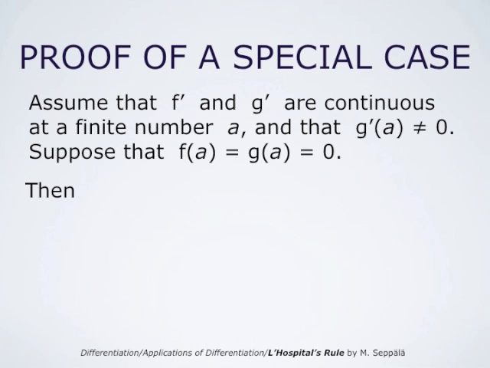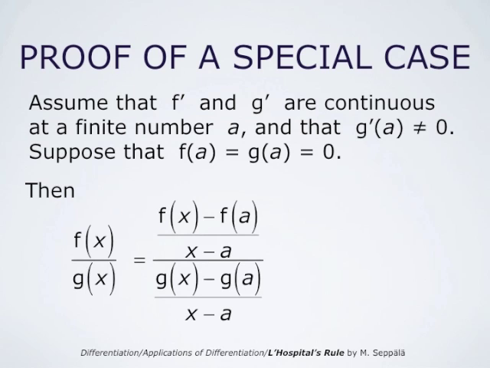Namely, then we can write f of x divided by g of x as f of x minus f at a divided by x minus a, and that fraction divided by g of x minus g at a divided by x minus a. This is a legal rewriting because f at a is 0 and g at a is 0.